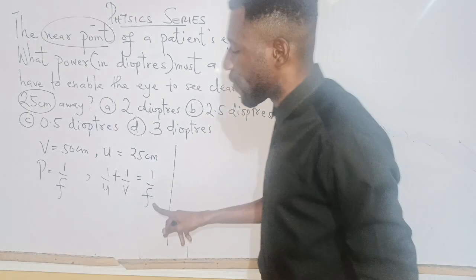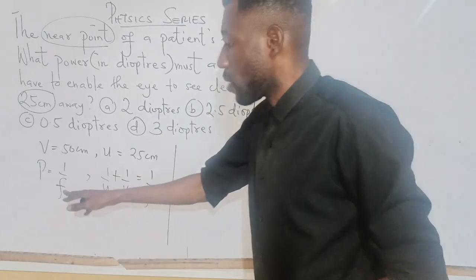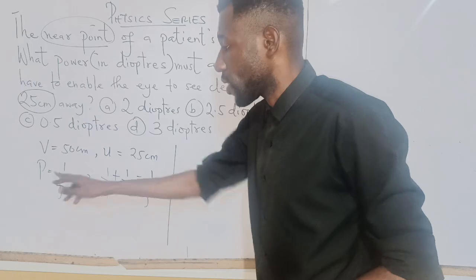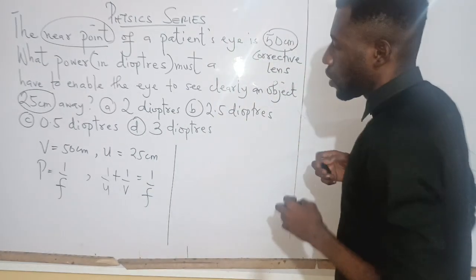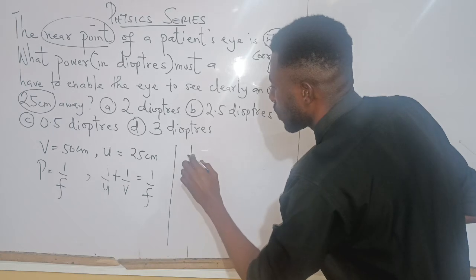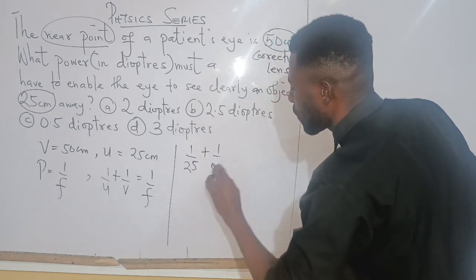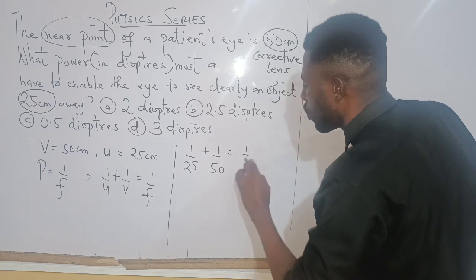So we have to get our f first of all. Then after getting our f, we can now put it here and then get our power. Quickly, let's go on. So we have 1 over 25 plus 1 over 50 equals 1 over f.